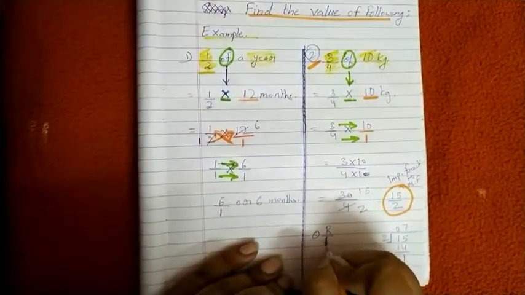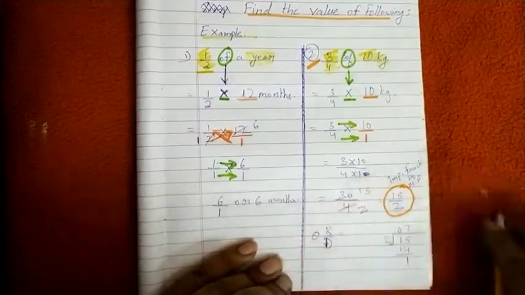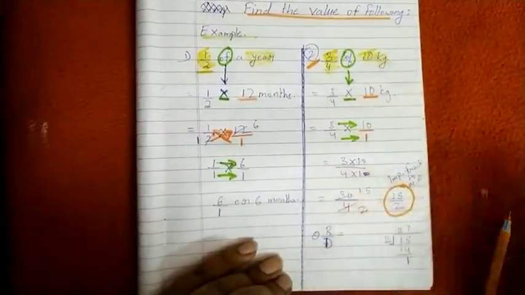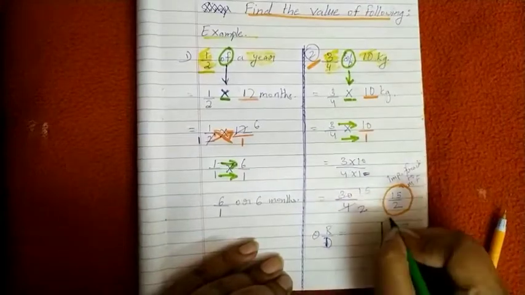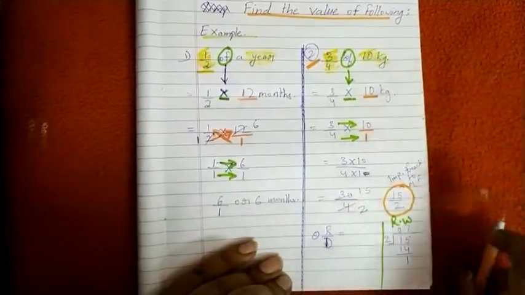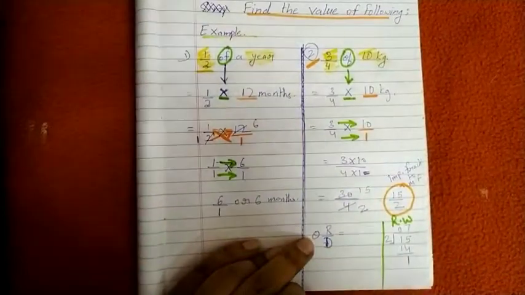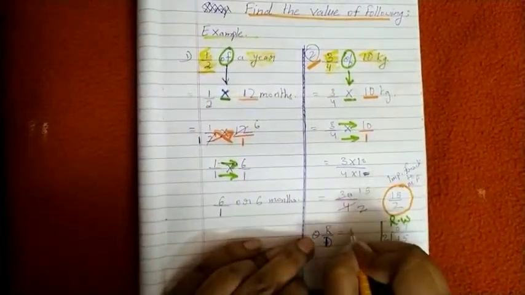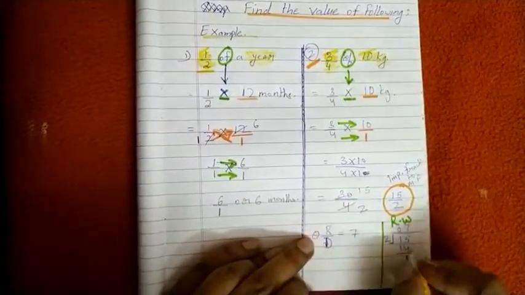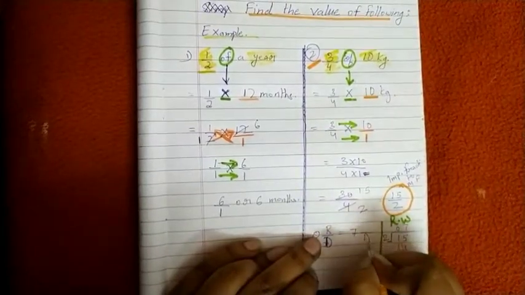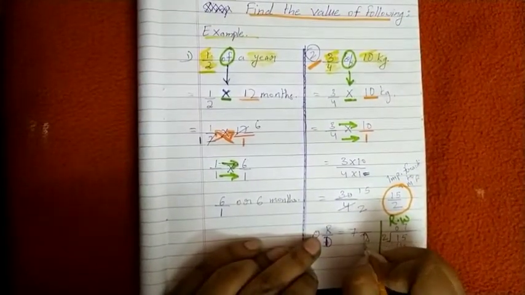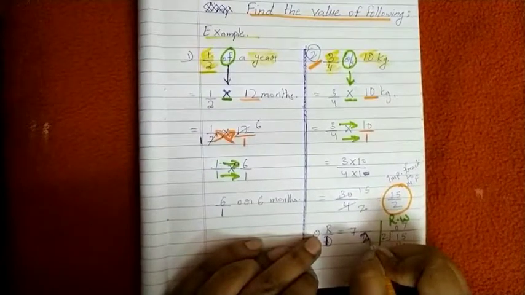Sorry, D. Yes, which is equal to, let me separate. This is rough work. Okay children. Now this is equal to, Q is the quotient. What is the quotient? 7 is the quotient. Okay. D, 2, is the denominator. Why?